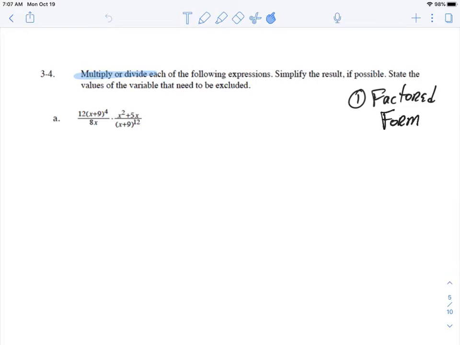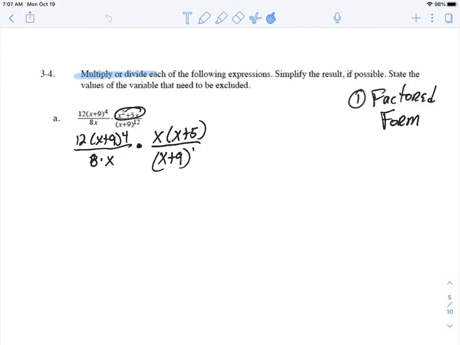So I'm going to write this as 12 times x plus 9 to the 4th power over 8 times x, times, my numerator factors into x times x plus 5. That's removing the greatest common factor. And then x plus 9 to the 12th power.